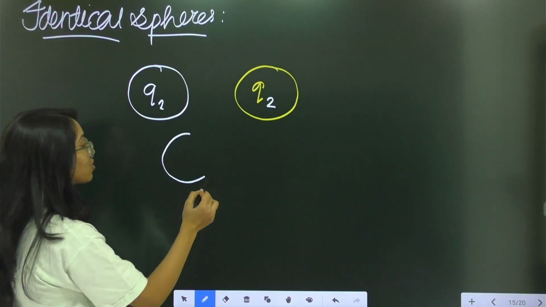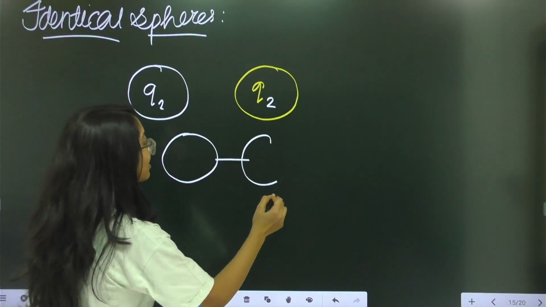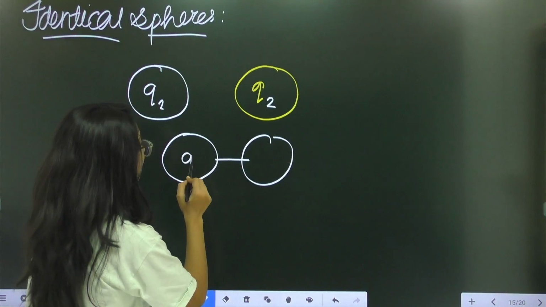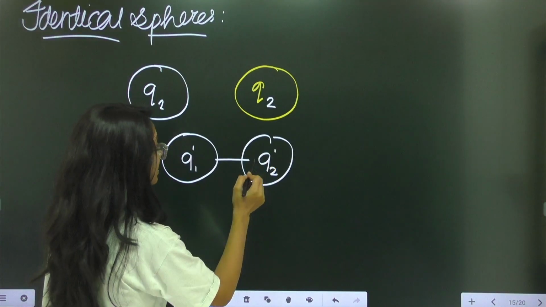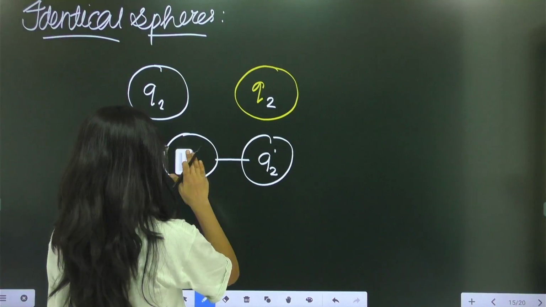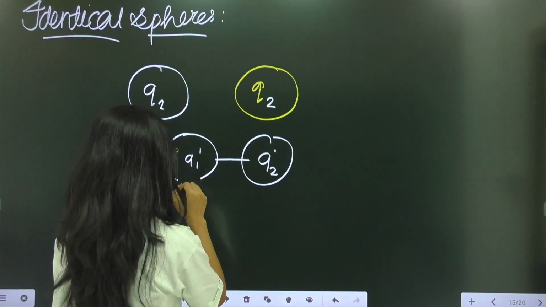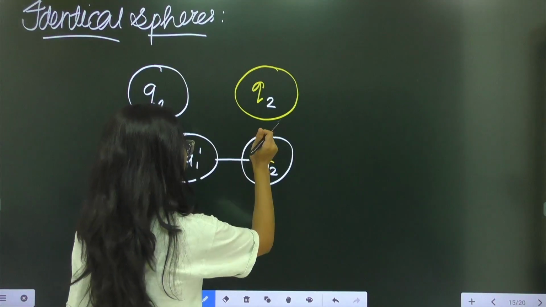We are going to connect it with a conducting wire. q1 dash and q2 dash.